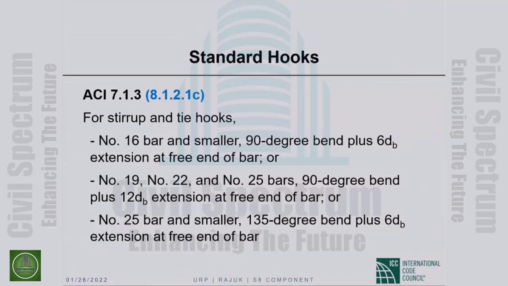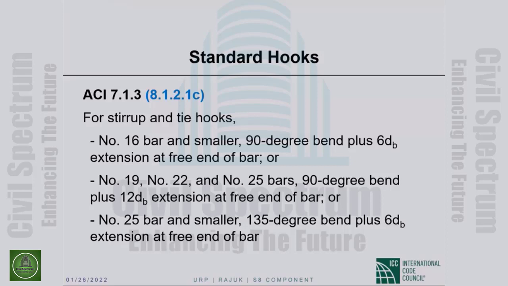For stirrups and ties, standard hooks are, for number 16 bar and smaller, a 90-degree bend plus 6 bar diameter extension at the free end of the bar. So the standard hook for longitudinal bars is somewhat different from the standard hook on stirrups and ties.